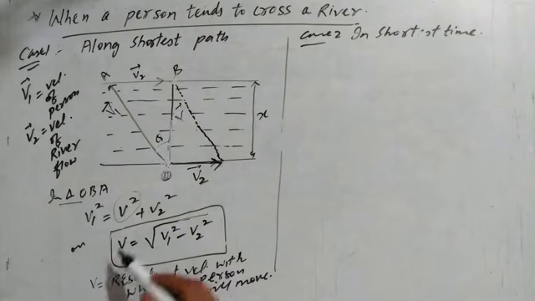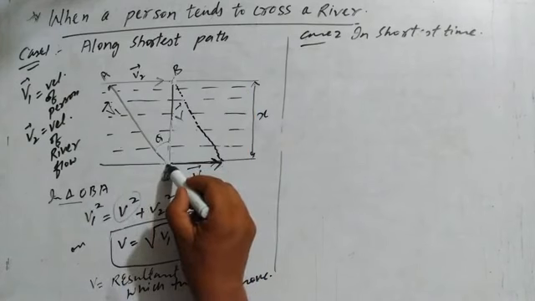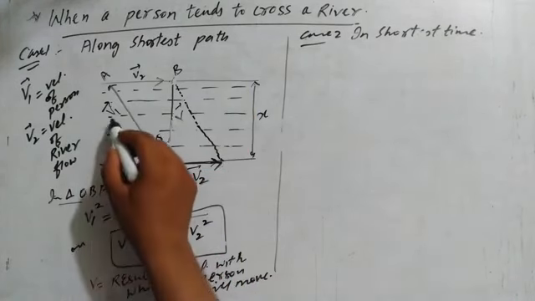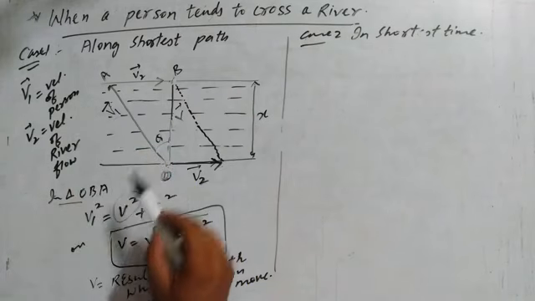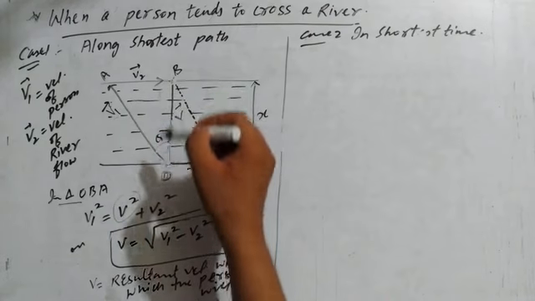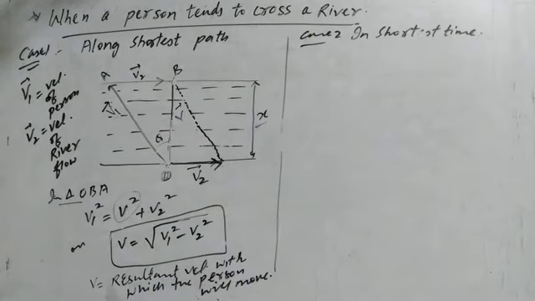This is the velocity with which the person will reach point B when he goes in this direction OA with the velocity v1, covering the shortest distance between point O and B, that is OB, equivalent to x.